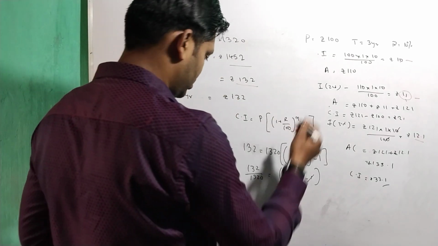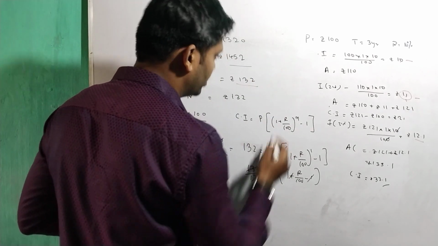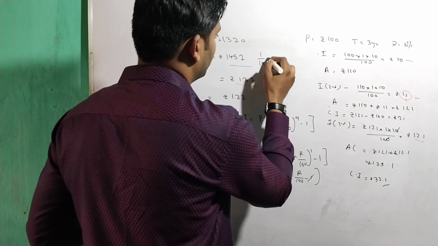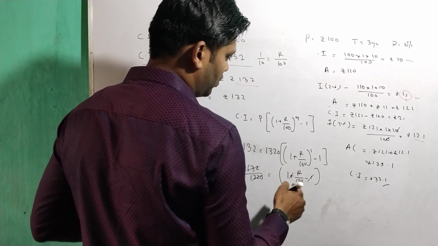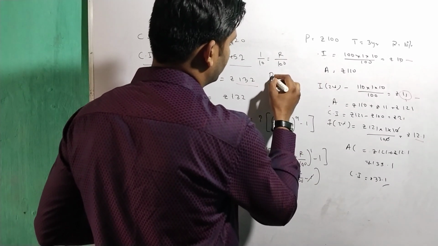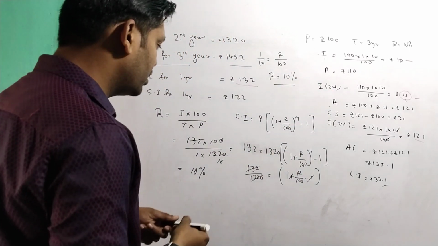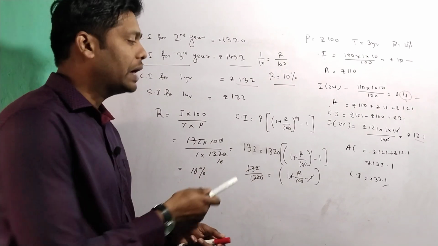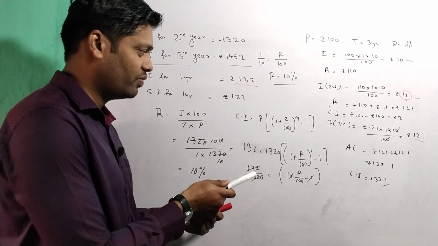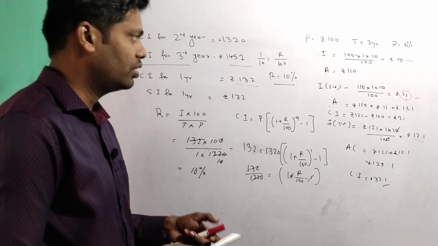So here 1 by 10 is equal to r by 100. Cross multiply and you will get your answer, r is equal to 10%. So like this also I am getting the answer, but this will be simpler as compared to that one in the calculation part. So that's why we mostly prefer to do this one. If you're doing the other method also, there's no harm. You'll get your marks.